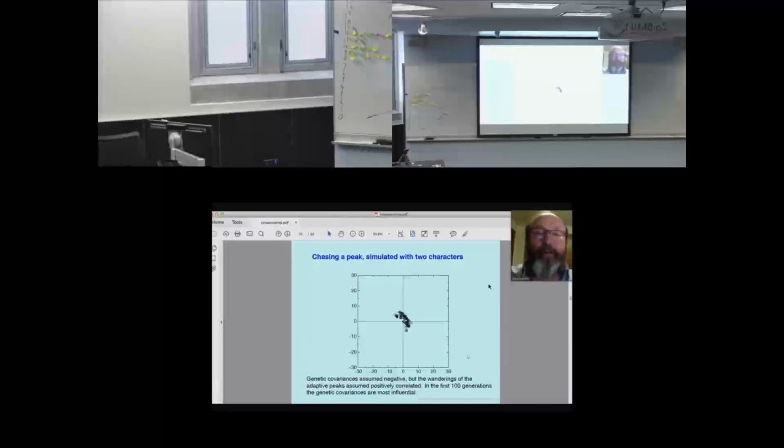You can have convergence, but for the models that we'll be making here, we don't really have it in the model. I think we need to know more about the biology to know which peaks are likely to converge, have their optimum values converge on each other. Is that addressing your question?